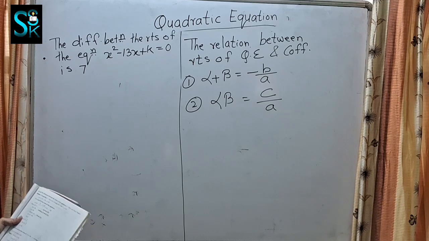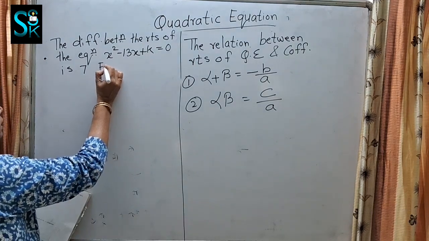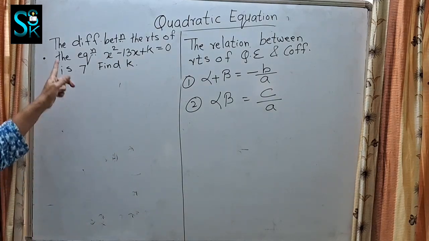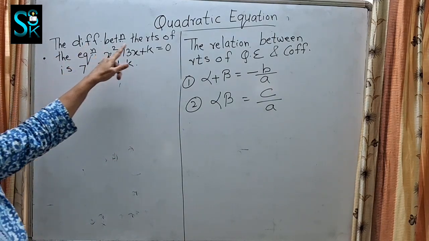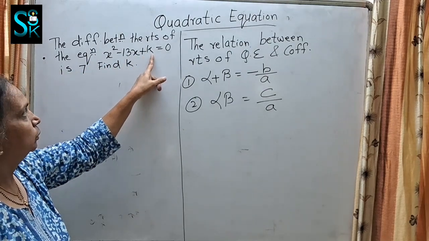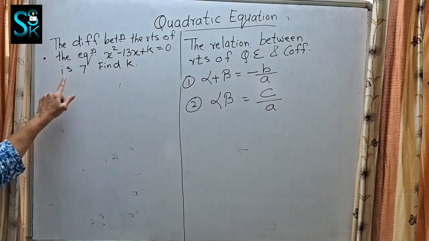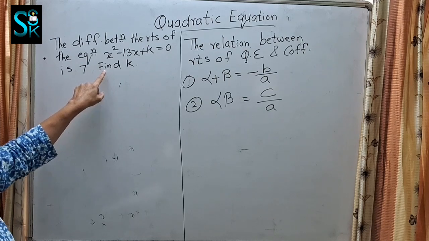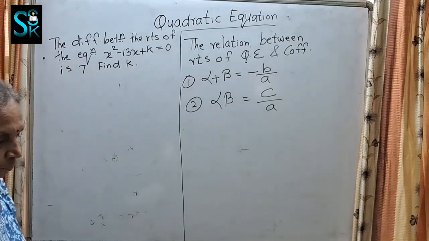Find k. Something different, right? The difference between the roots of the equation so and so is equal to 0 is 7. So the difference of the roots is being given as 7, and they have asked you to find out the value of k.